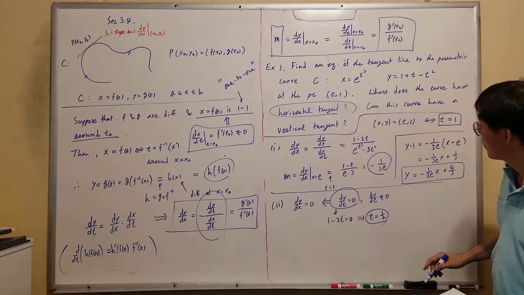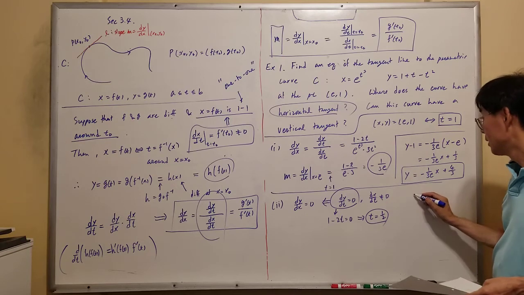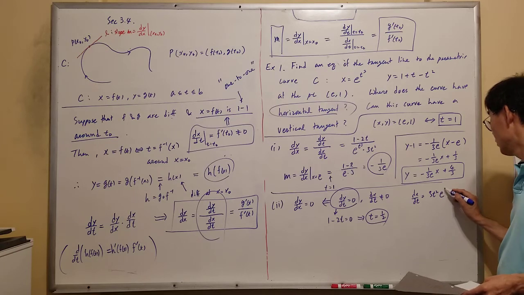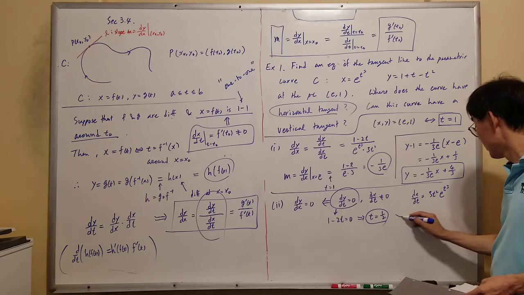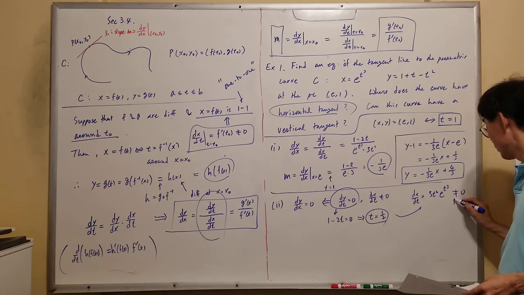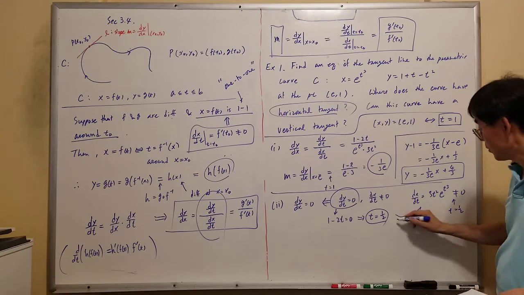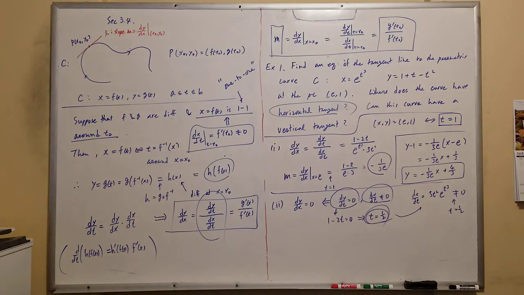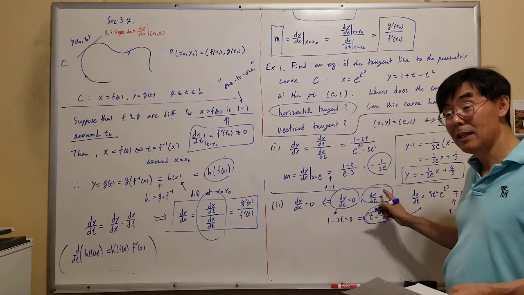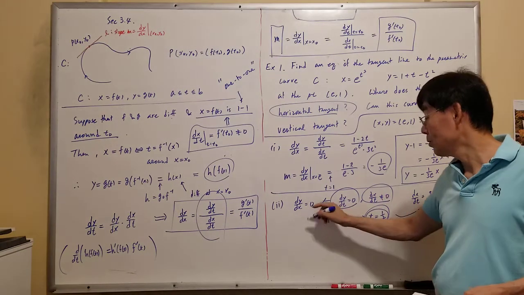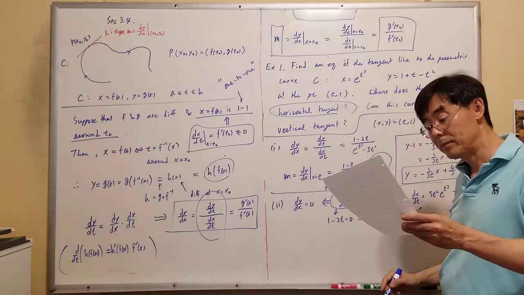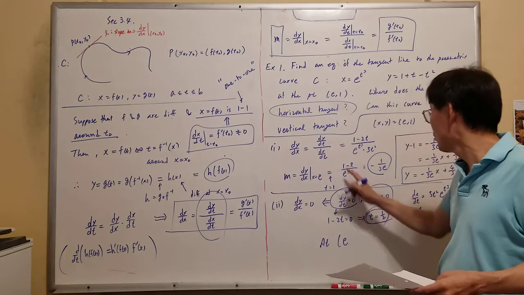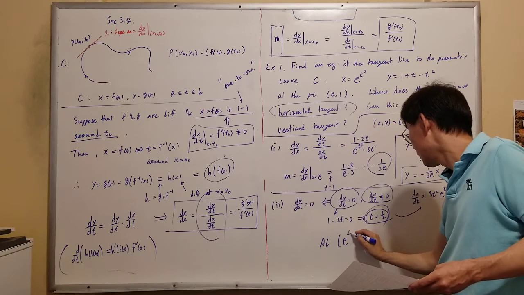Now what is dx over dt? dx over dt equals 3t squared e to the t cubed. Not 0 there, when t equals 1/2. So t equals 1/2 indeed. dy over dt equals 0, but dx over dt is not. So dy over dx is certainly 0. So that means as a point, e to the 1/2 cubed, e to the 1/8.